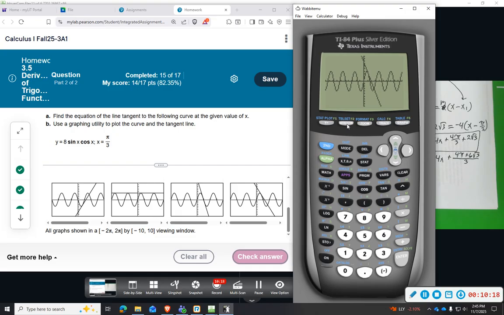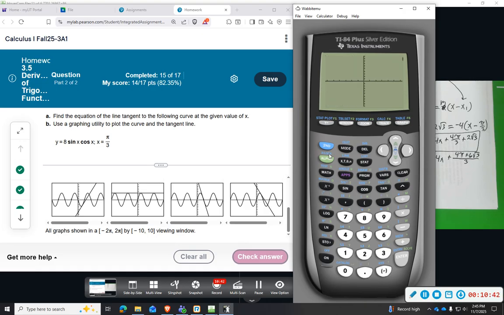But if you go to window to make it look exactly, we're going to change this to negative 2 pi. And we're going to change the max to positive 2 pi. And the calculator just automatically converts it to decimal form. And then the y is going from negative 10 to 10. So this will just change how far the graph goes.